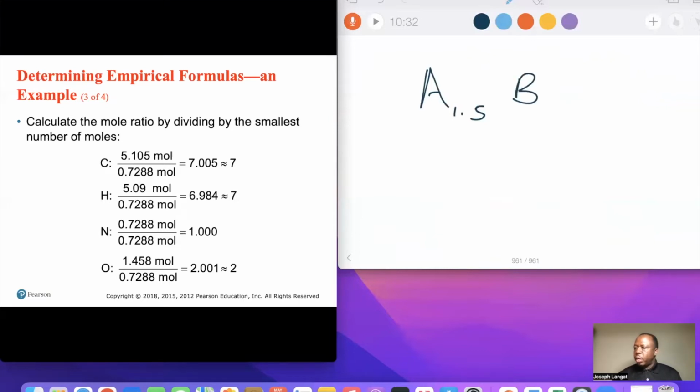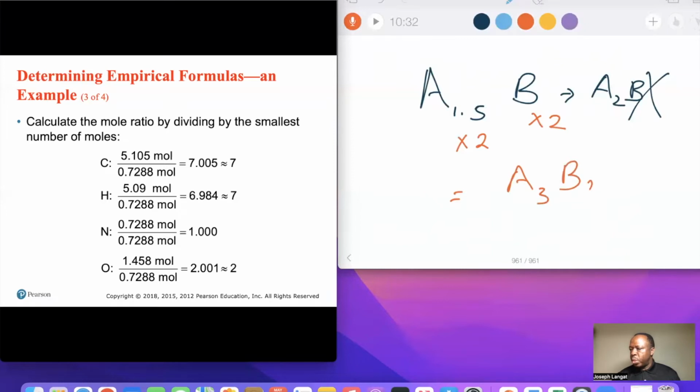Do not round off 1.5 to a whole number and say it is going to be A2B. This is wrong. What you need to do is multiply both sides by 2, and this will give you A3B2.